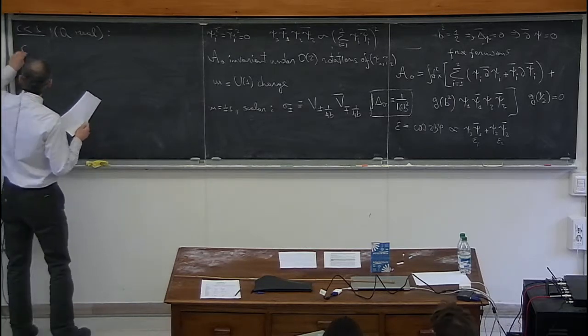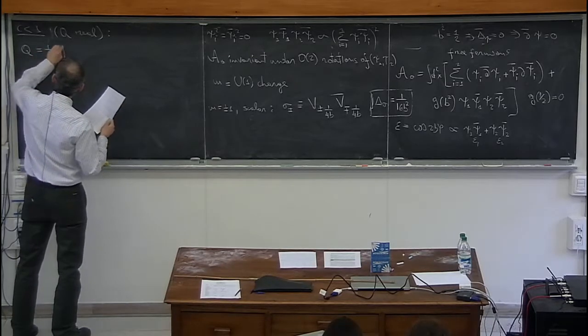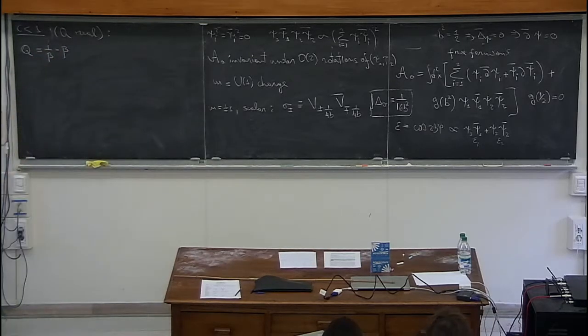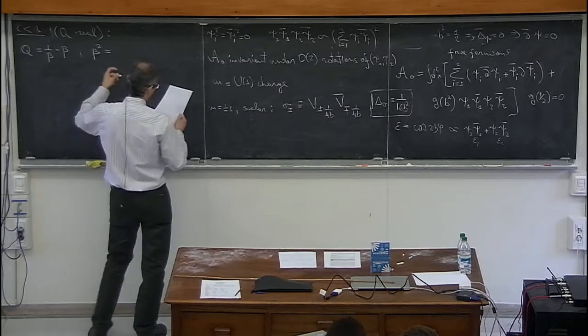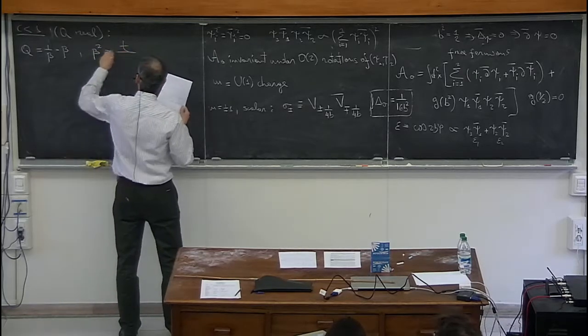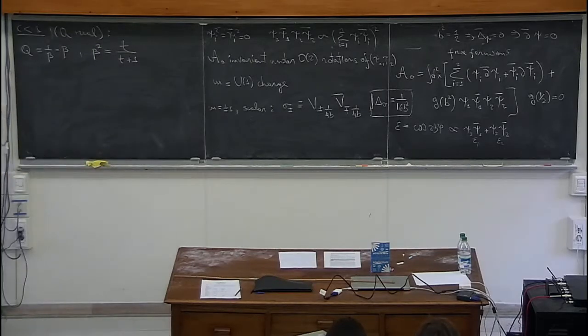So first of all, I rename Q as 1 over beta minus beta. So beta is a new parameter which plays the role of Q, which in turn I write in terms of another parameter which I call t in this way. So t is a parameter, nothing to do with time.